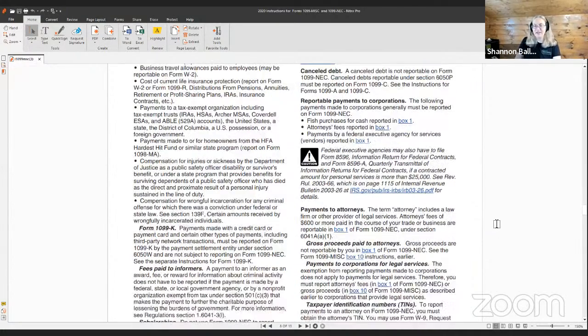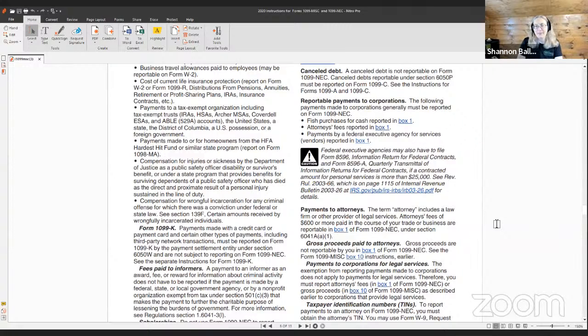Federal executive agencies may also have to file a Form 8596 information return for federal contracts and Form 8596-A, quarterly transmittal of information returns for federal contracts, if a contracted amount for personal services is more than $25,000.